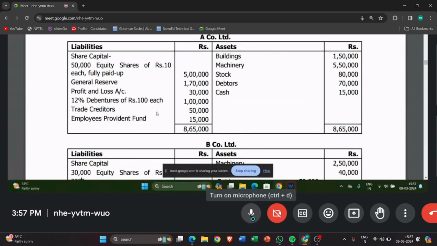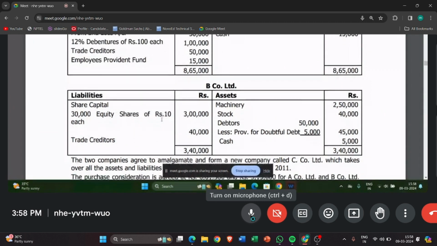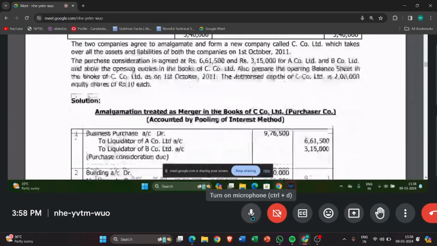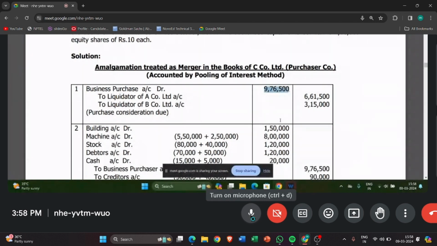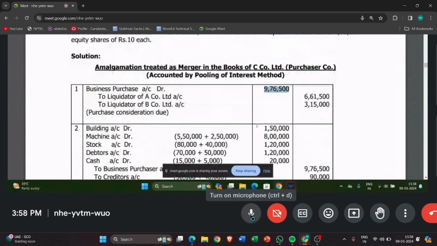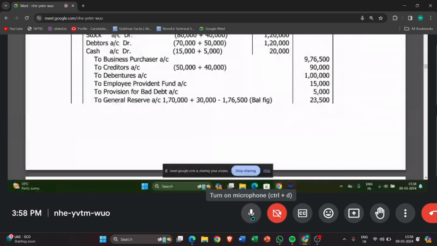Yes, 7 lakhs: trade creditors, debentures, and EPF. And here it will be these assets, 3,40,000 minus 40,000 is 3 lakhs, right? But how much purchase consideration you have paid is 9 lakh 76,500. So how much is the difference? 23,500. So 23,500 is to be taken as a general reserve.